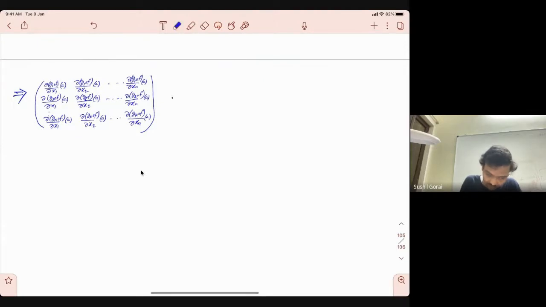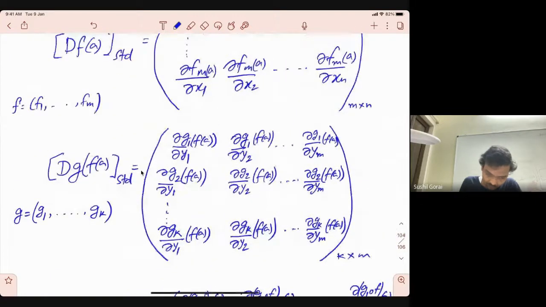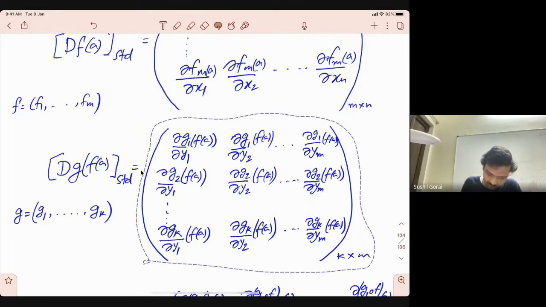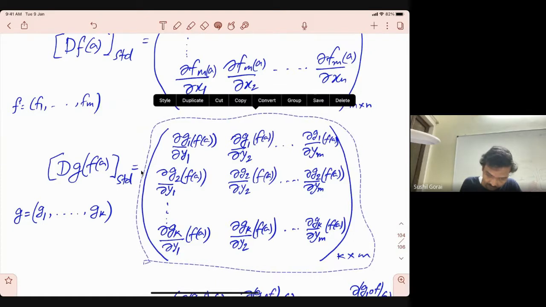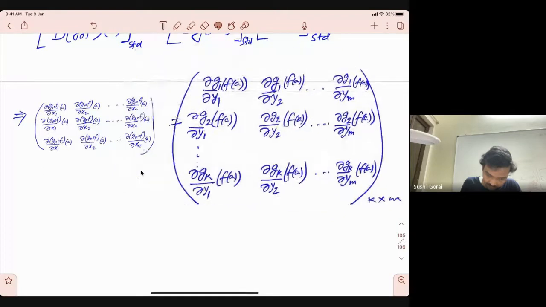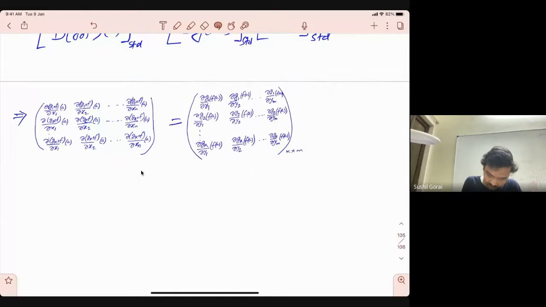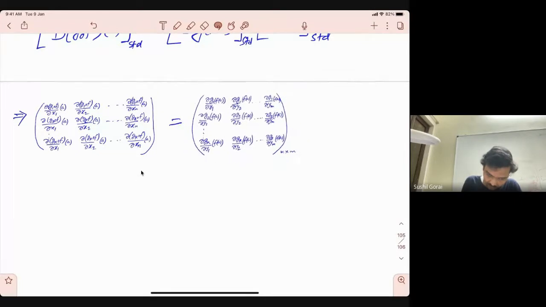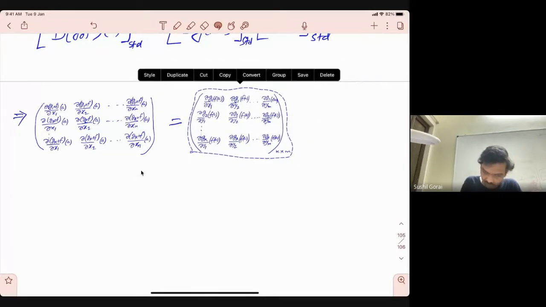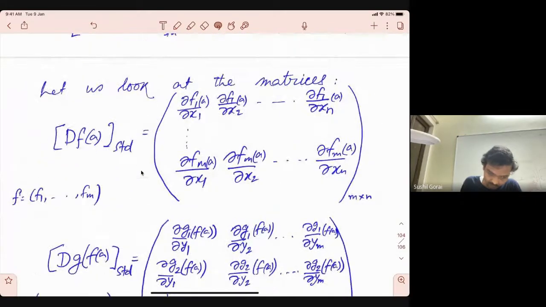It is equal to, first we have the product of this one with this one, with this.